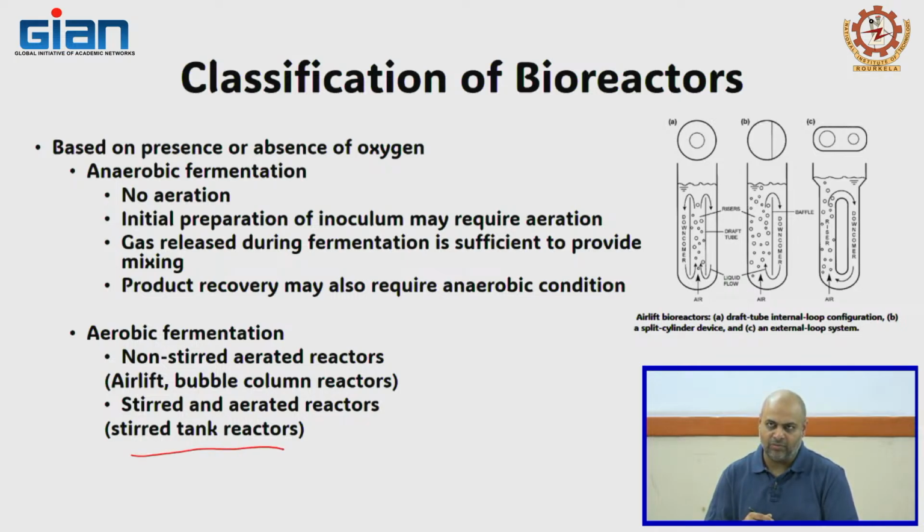Some of the batch reactors would be part of that. Fed batch are also part of that. On the right hand side, you can see an example of airlift bioreactors, where you have the draft tube internal loop configuration, a split cylinder device, and then you also have an external loop system. So you will see majority of these things are moving.